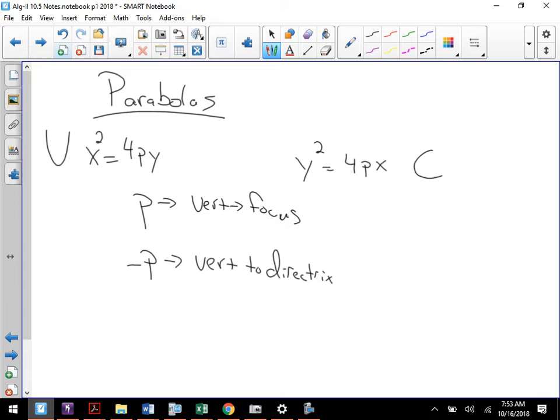So your directrix for an x squared is always going to be y equals a number. Therefore, by process of elimination, the y squared has a directrix that is x equals a number. Okay.